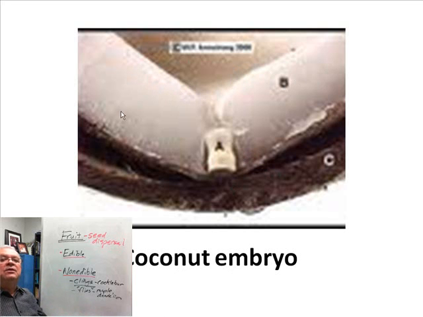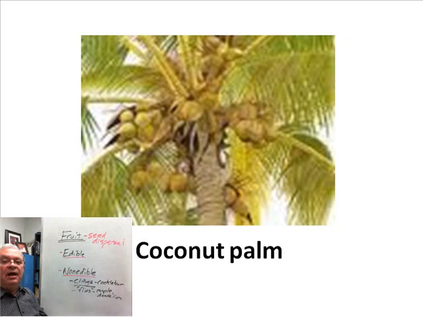Well, if this is the seed coat and this is the embryo, there's only one thing this can be: endosperm. And both the liquid and the solid is endosperm. Is this a corn type or a bean type seed that has all this endosperm? Corn type. That is correct. So, ladies and gentlemen, there's a coconut palm. It's got those big old fruits up there.